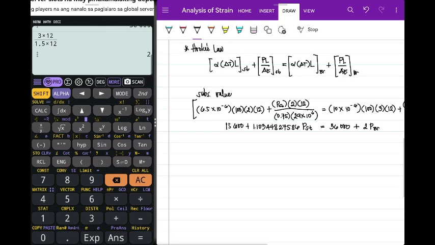Then we rearrange the terms. So that's 1.10344827586 P sub ST minus 2 P sub BR.